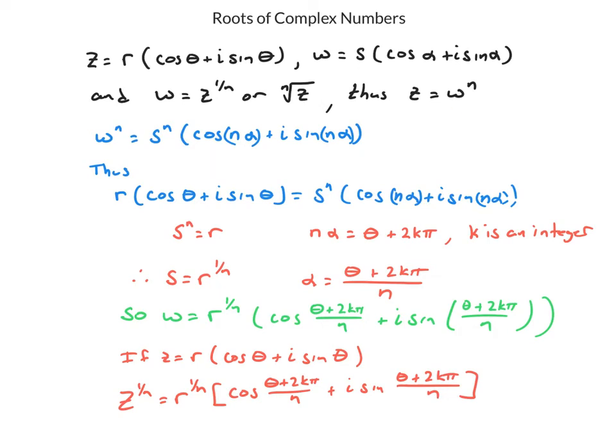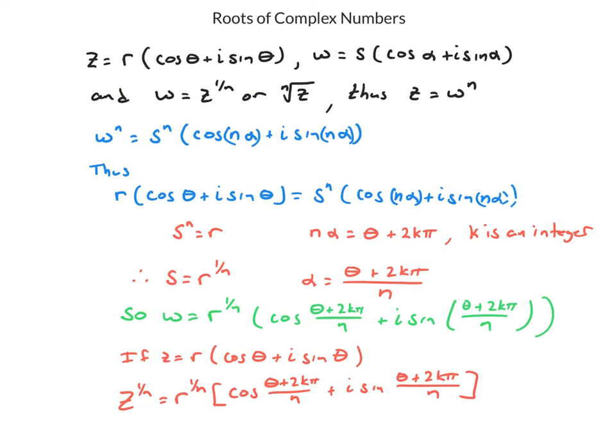So, by DeMoivre's theorem, w to the n is equal to its magnitude raised to the n power times the cosine of n times its argument plus i sine of n times its argument. So I get that w to the n is s to the n times the cosine of n times alpha plus i sine of n times alpha.